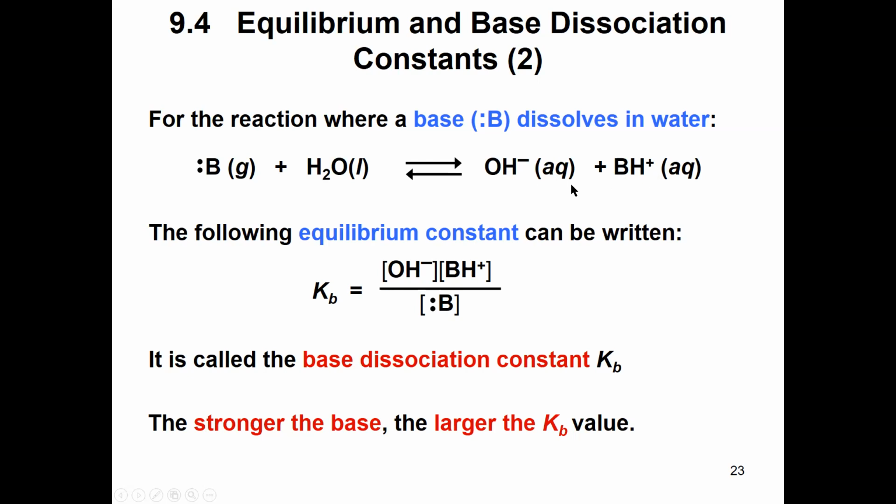That indicates a strong base, a base that completely dissociates in water. So that's why it's all falling together, right? You want to be able to come to that conclusion when you see the Ka value or Kb value.